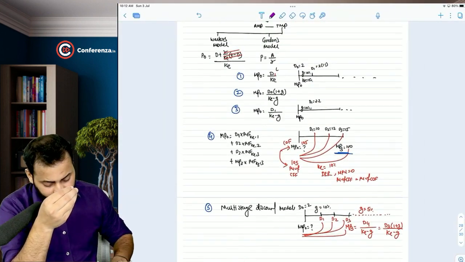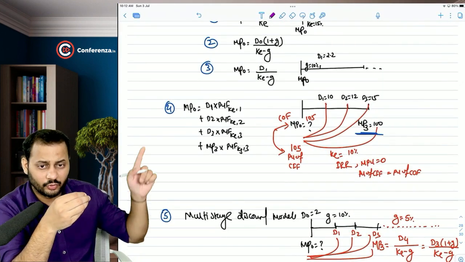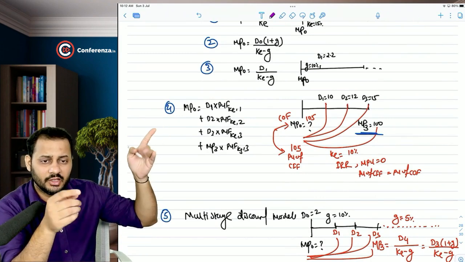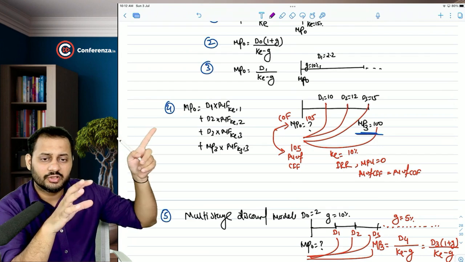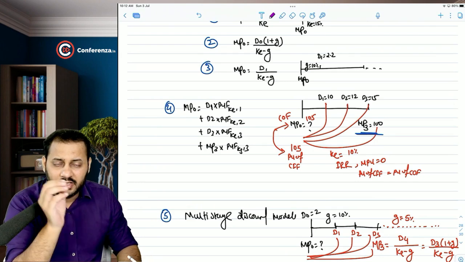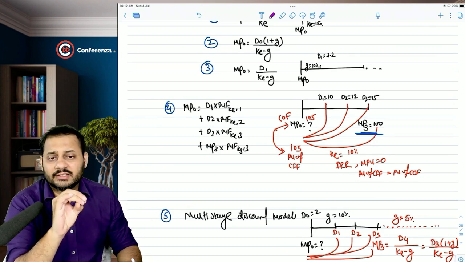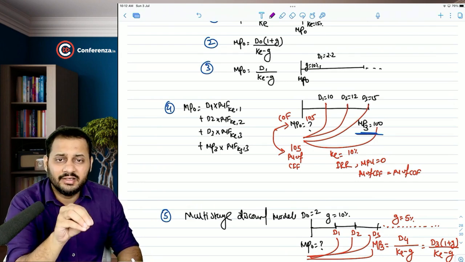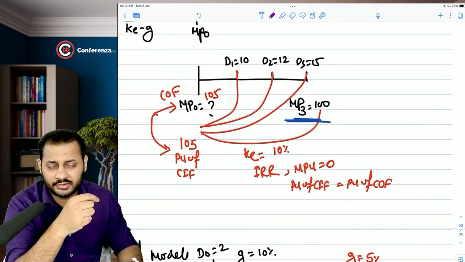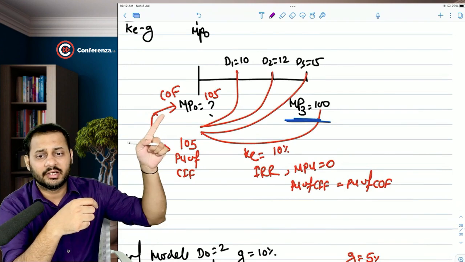See, if you remember the fourth part or fifth part, the fourth concept was where we discussed the limited life. In that exercise, we took only 3 years and we sold the share at 100 rupees after 3 years. And how did we calculate the market price today?